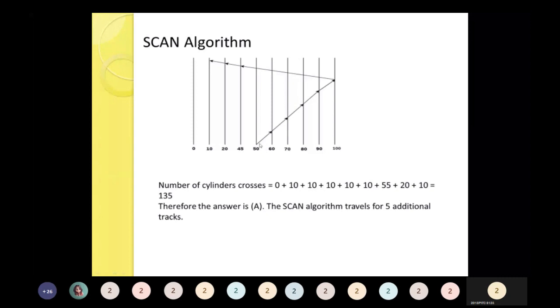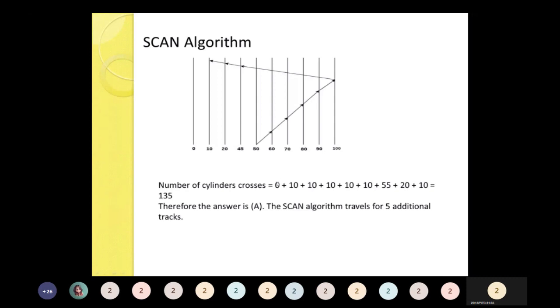Okay, so it is actually the middle position, 50. Moving upward means towards 60, 60, 70, 80, 90, 100. Fully upward is over. Next it goes in the other direction. If there is any request, it will access it. So 45, 20, 10. So you have to write the differences.